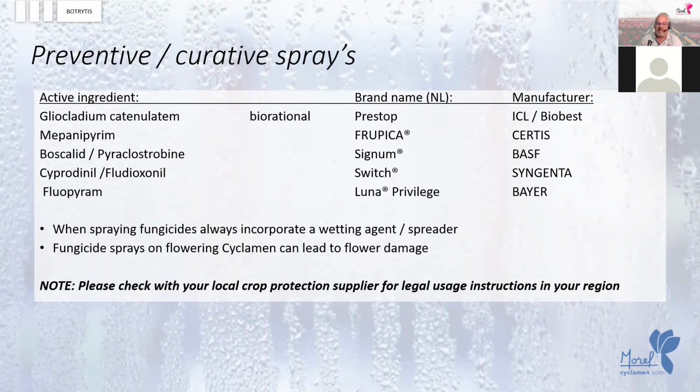In these cases, preventive sprays might be beneficial, but you should start early enough, even when you don't see any signs of botrytis in the greenhouse yet.